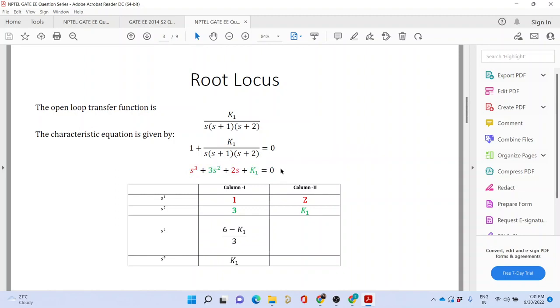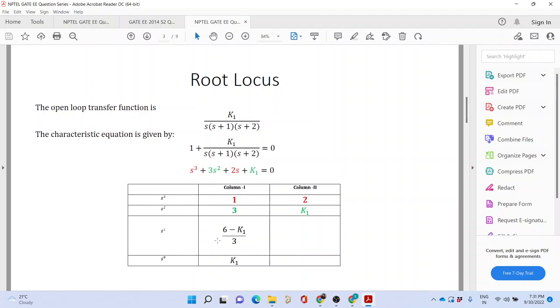Now we are interested in finding the intersection of the root locus with the j omega axis. How do we do that? The simple way is with the help of the Routh array. We first construct a Routh array like this, as I have shown on this slide.